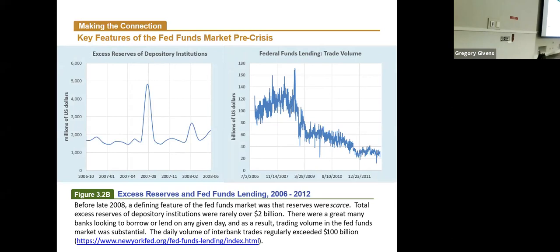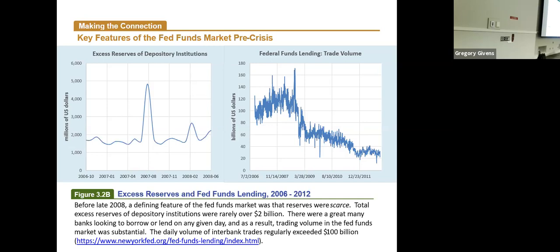This is data on excess reserves between late 2006, right before the financial crisis started, to about mid-2008. What do you see there? There is this spike in the middle of 2007, but all things considered, excess reserves are fairly scarce on the margin. The excess reserves in the entire banking system before the financial crisis was usually less than $2 billion or $2,000 million. That's not a lot, right? Especially compared to the amount of excess reserves that banks have accumulated today, right? That's a fairly small number.